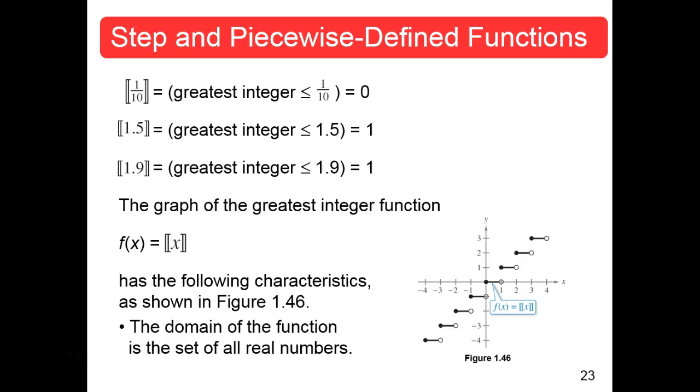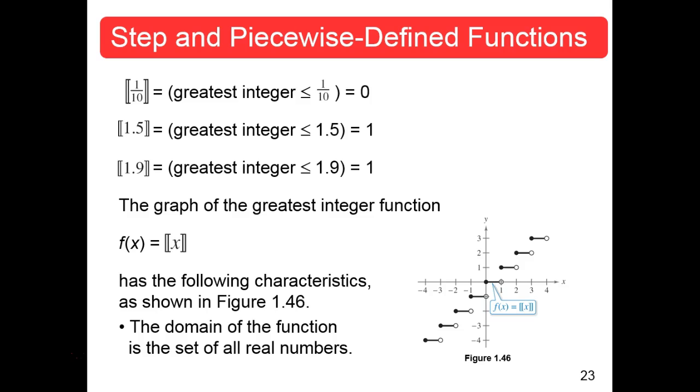Oh, you said 0. Okay, I'm sorry. I thought you said 1. My hearing's not good. Okay. I got 1.5. Greatest integer in 1.5. 1. Excellent. Greatest integer in 1.9. 1. Absolutely.